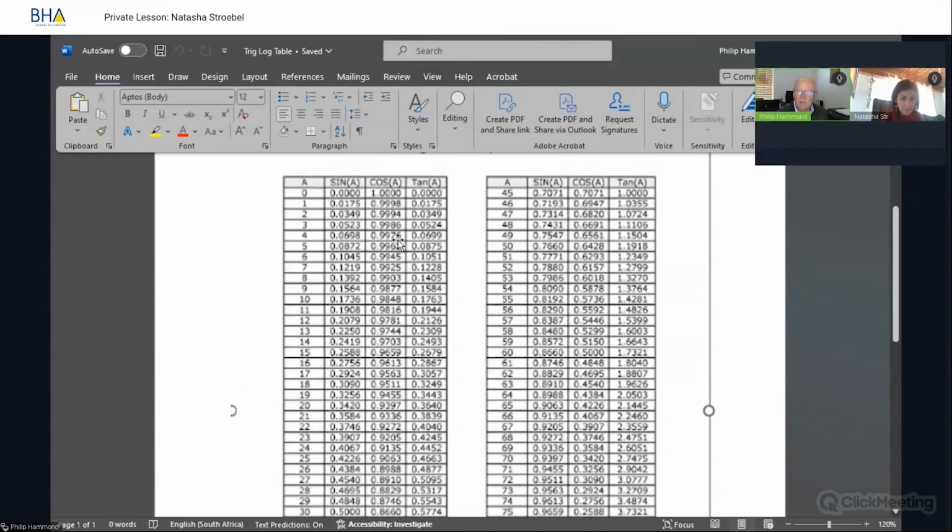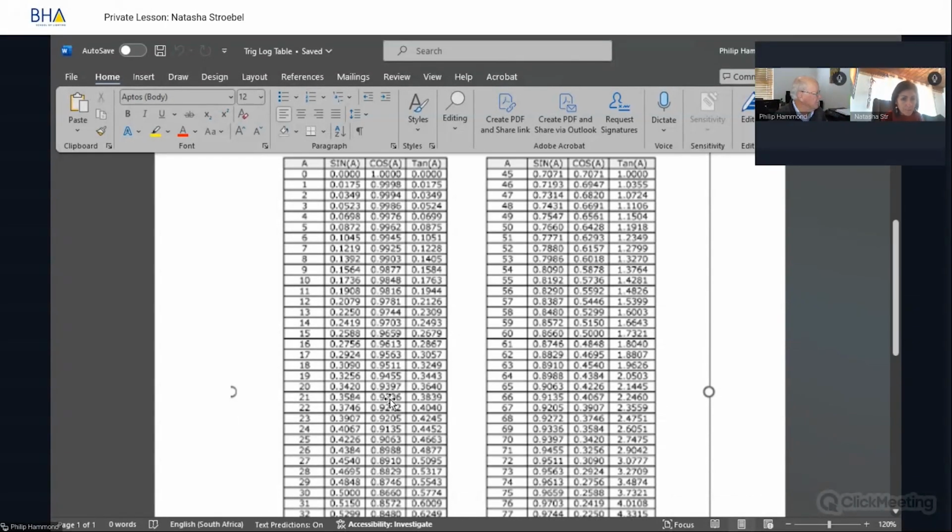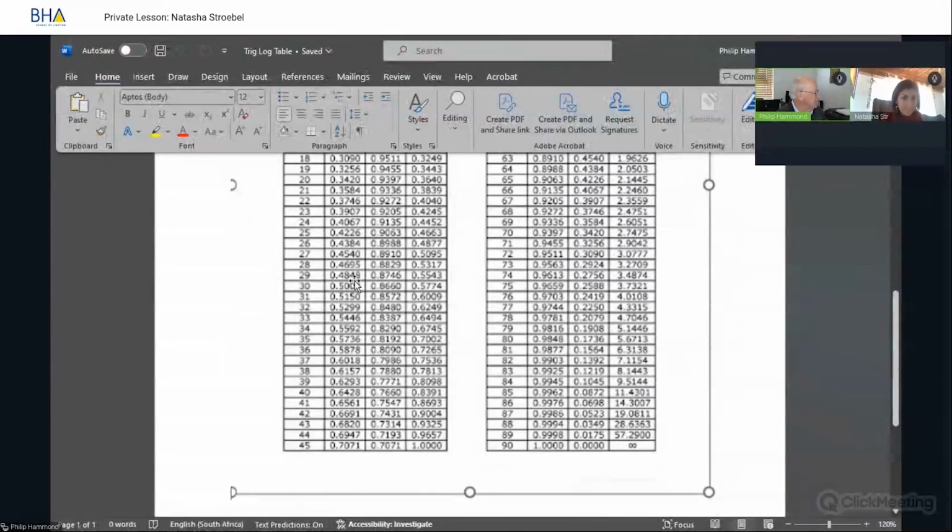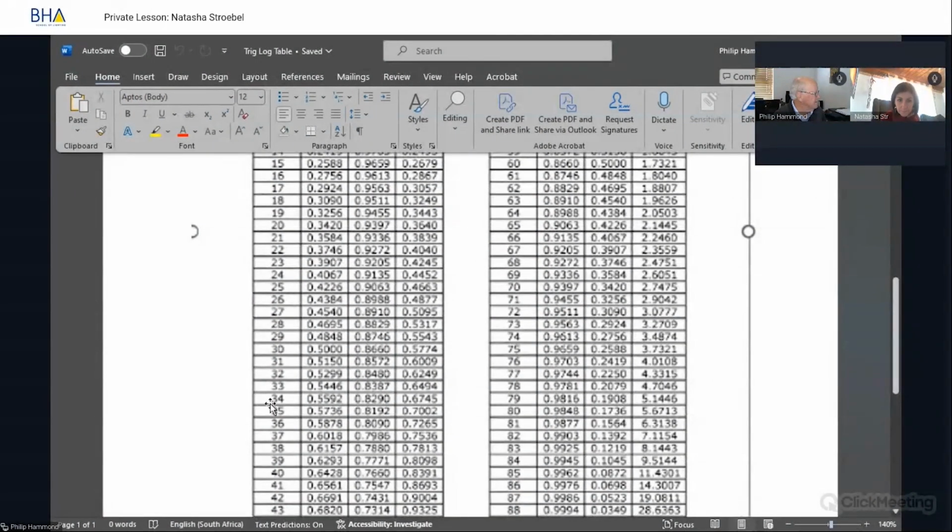And we want to work out that beam at the edge of the distribution on the desk. And we say we want to look at 30 degrees. So we go down to 30 degrees. All right, can you see 30 degrees? Yes. 30 degrees, cosine, which is the middle table, and it would be 0.8660.